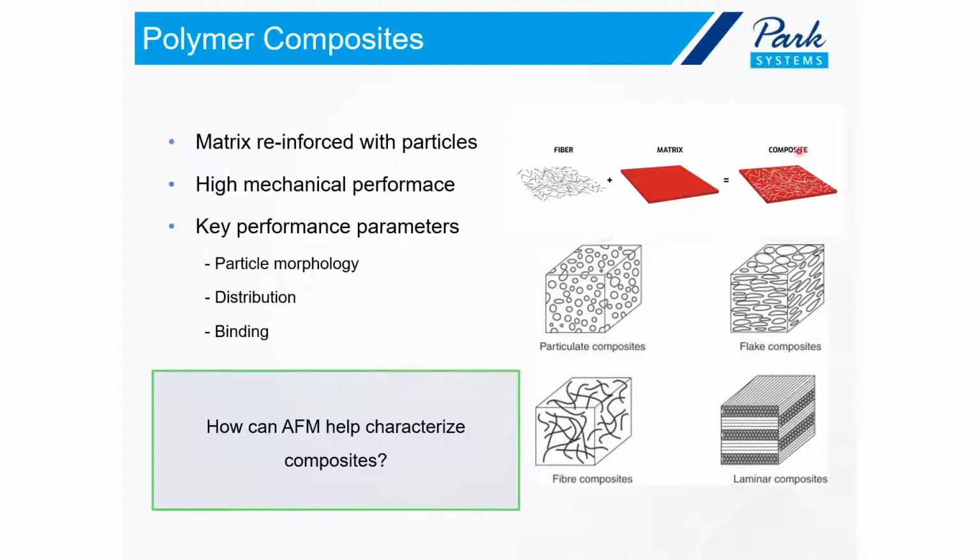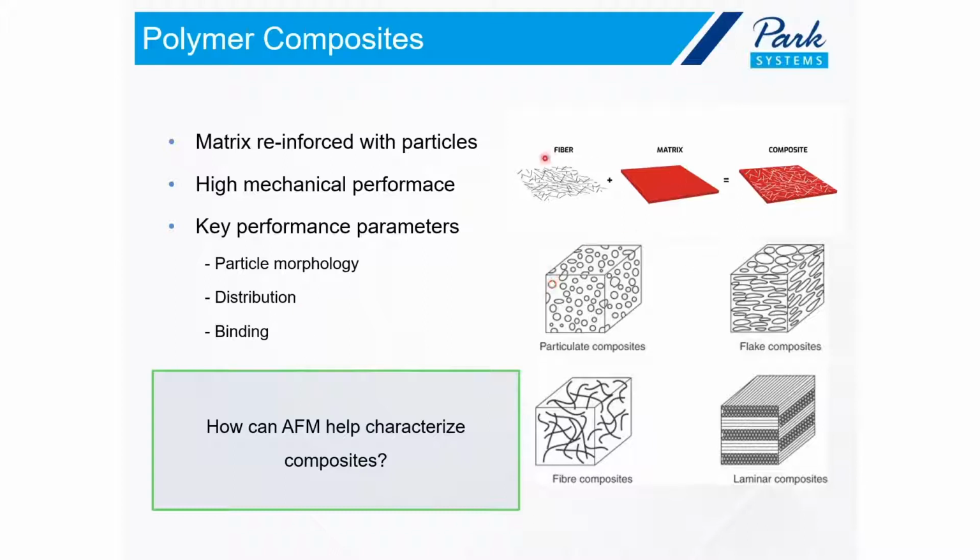When one is designing a composite, there are a few key performance parameters that a materials designer looks at. One is particle morphology, so you can have more or less spherical particles, flake-like particles, fibers. These are quite common. And then laminar composites. The second key performance parameter is distribution of the particles.